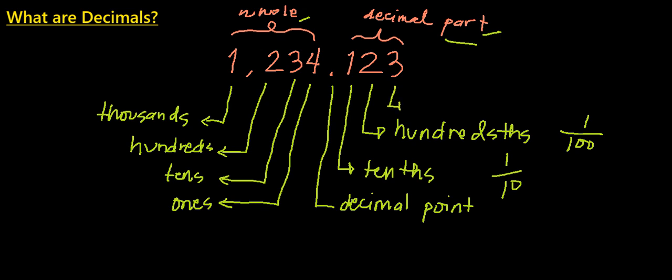And this one is called thousandths, which is equivalent to 1/1000. Now, it doesn't end here. It still goes beyond the thousandths place value as well as the whole number place values.